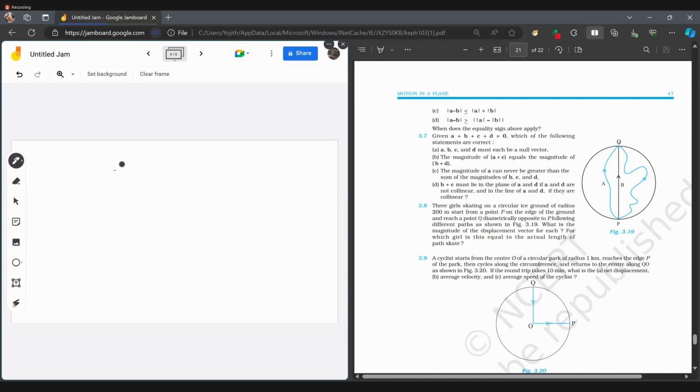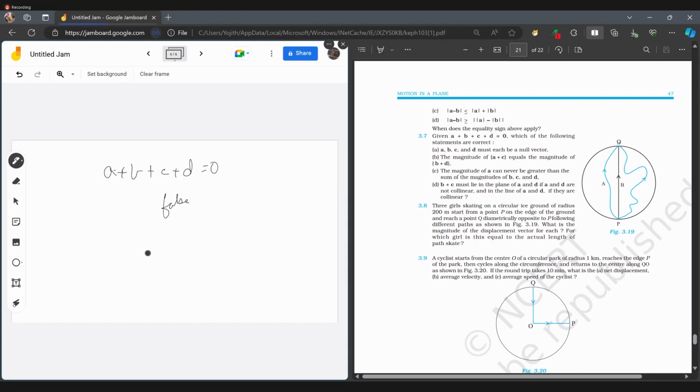ఓకే, నెక్స్ట్ క్వశ్చన్ 7. Given A plus B plus C plus D is equal to 0, which of the following statements are correct? Okay, A, B, C, and D must each be a null vector. False. Okay, they can be a null vector, but it's not a rule.